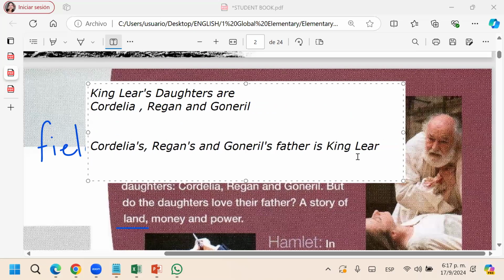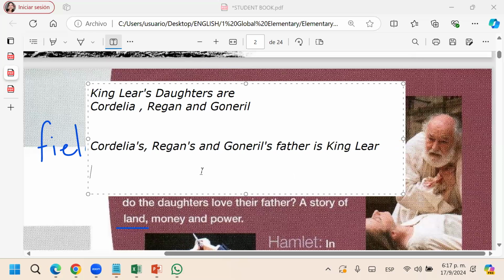You can say it like this, Cordelia's, Regan's, and Goneril's, or you can put the apostrophe at the end. So when you have more than one possessor, you can put the apostrophe S on the last one.